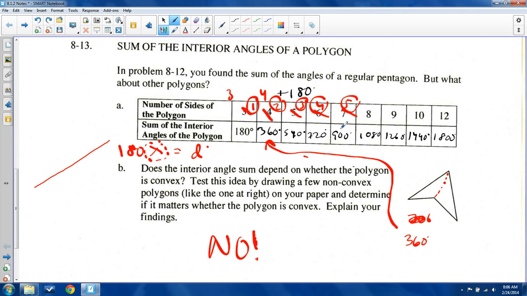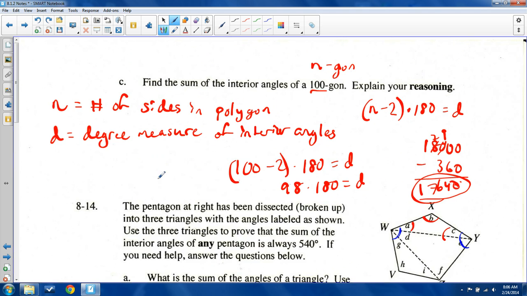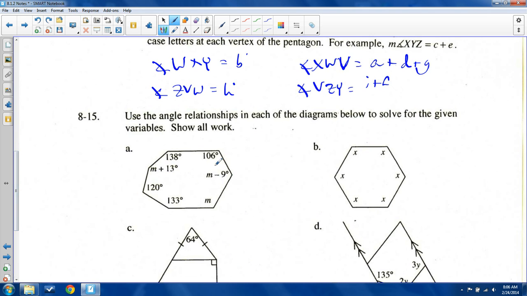A 7-sided shape adds up to 900 degrees. So all of these together should add up to 900. So I have 138 plus 106 plus m minus 9 plus m plus 133 plus 120 plus m plus 13 equals 900.